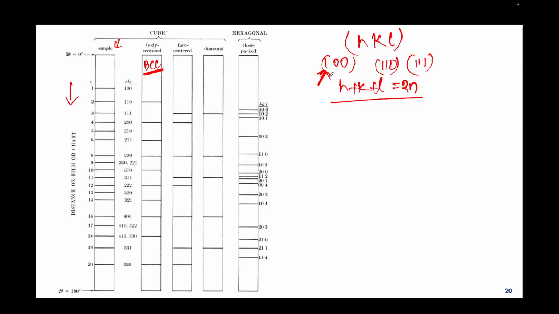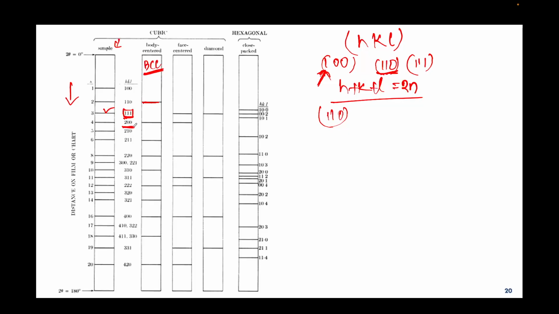That is why the first peak that we will get in the BCC structure is 110. The next, 111, is coming in simple cubic, but it is absent here. Why? Because 111 means 1 plus 1 plus 1, which is 3, an odd number. It is not going to be present in a BCC system because its structure factor is 0 and its reflection will not come. Then the next peak is 200.